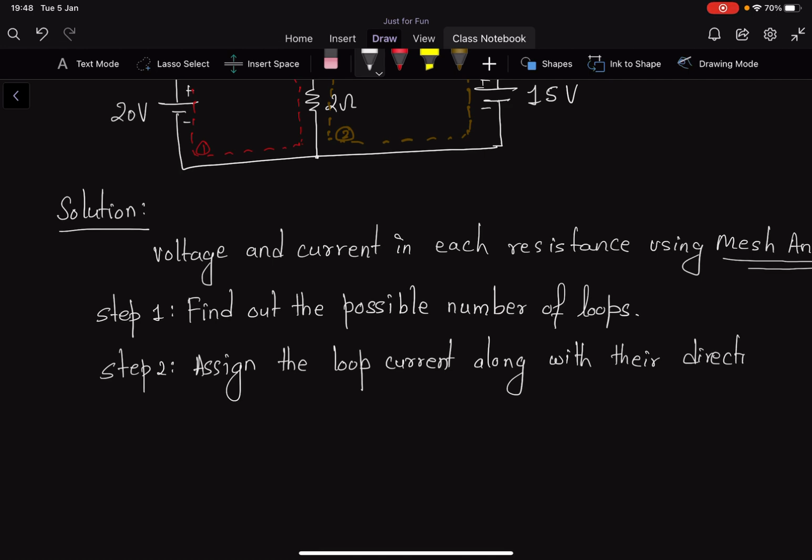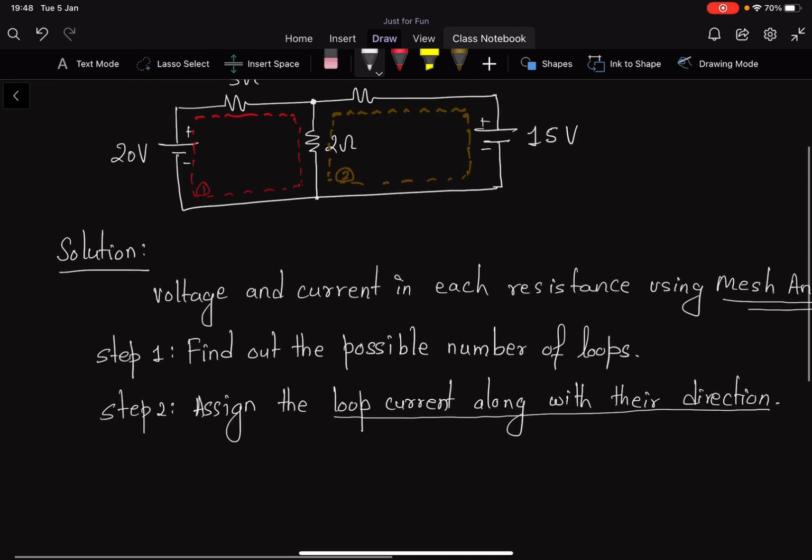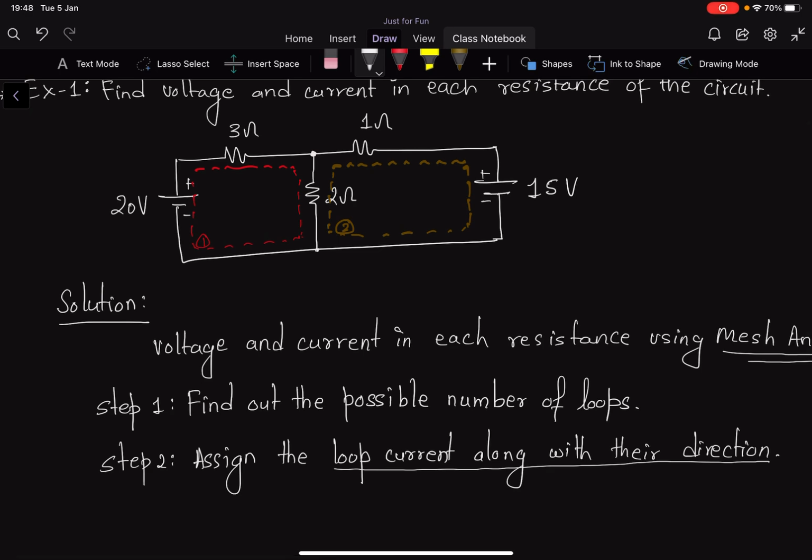It all depends on which direction of current you are assuming, so that's going to be very important. Always remember, you have to assign the loop current in a direction.